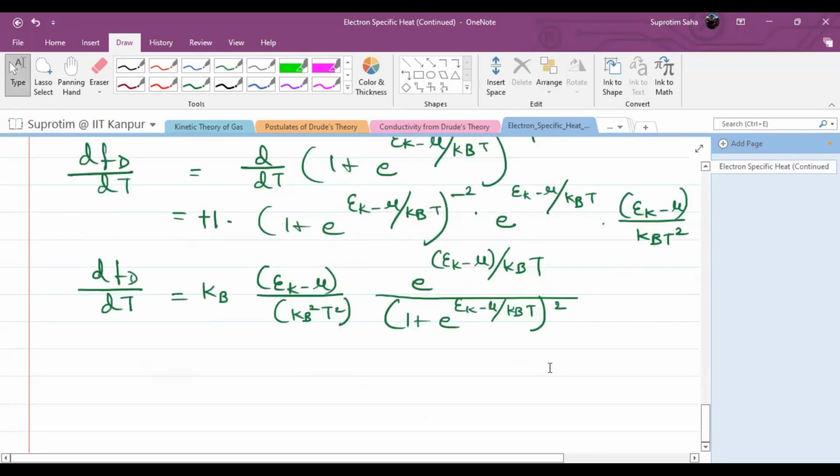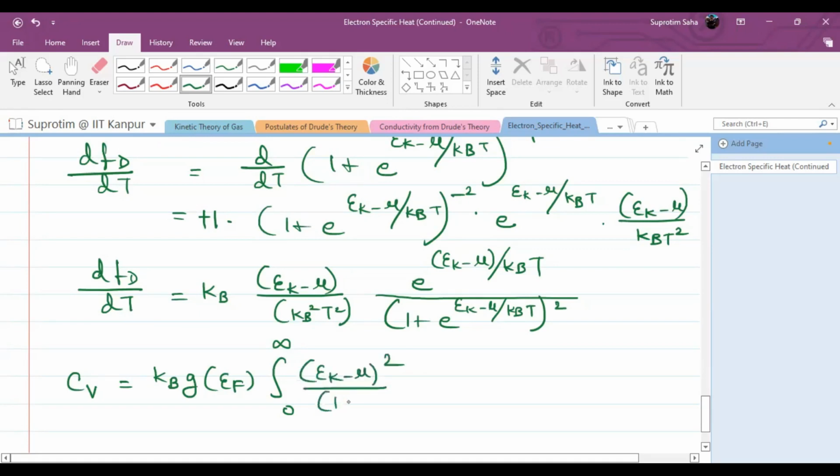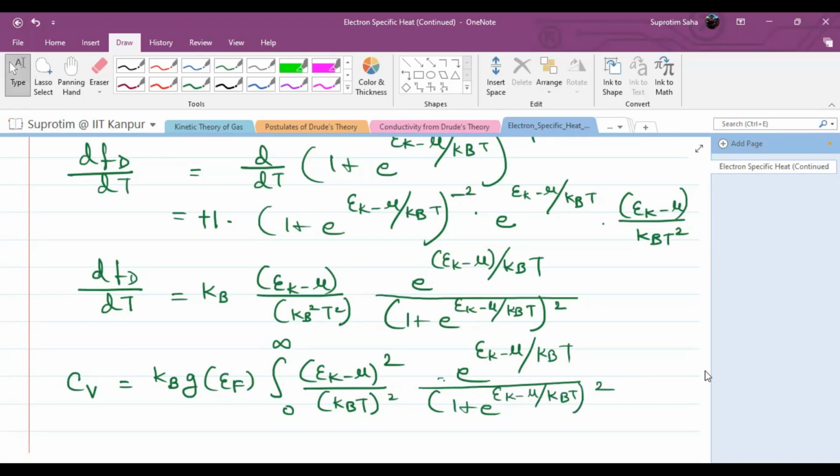All right. So now CV is your kB G of EF, integration limit is 0 to infinity, Ek minus mu was already there, so kBT whole square, e raised to Ek minus mu over kBT divided by 1 plus e raised to Ek minus mu over kBT squared, d of Ek.